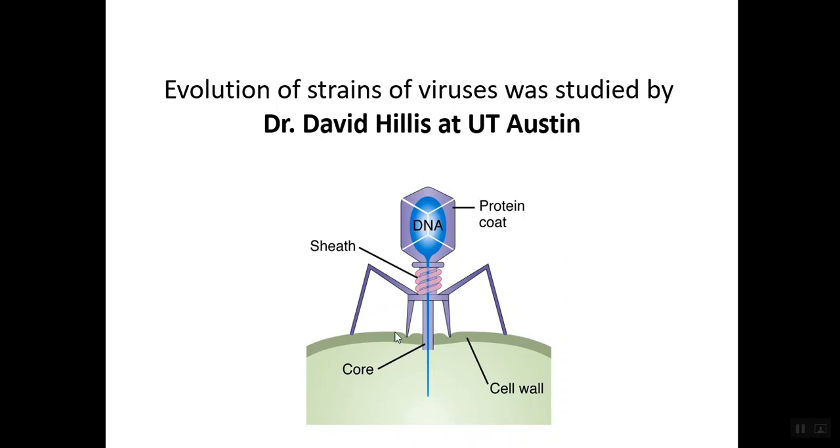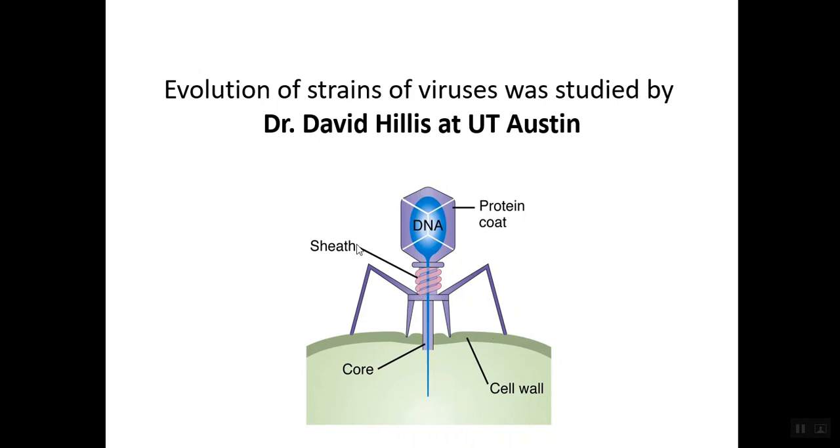There is no cell structure we can recognize. A virus is an envelope, which in this case looks like a spider, containing a stretch of genetic material which has the information on how to make new copies.